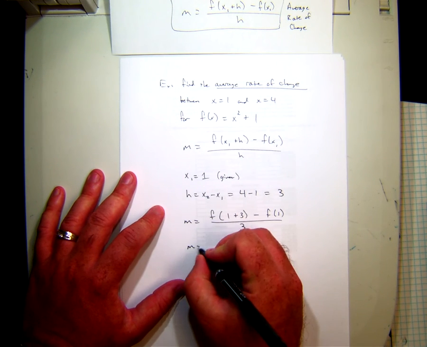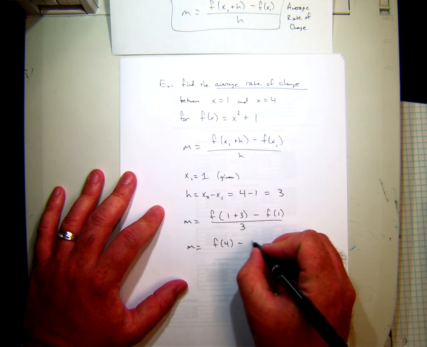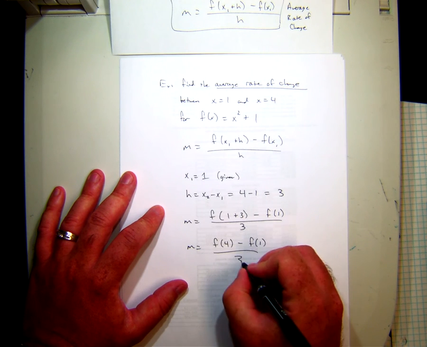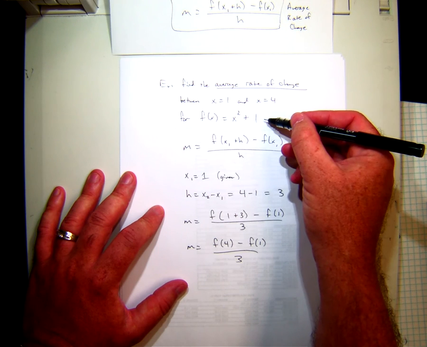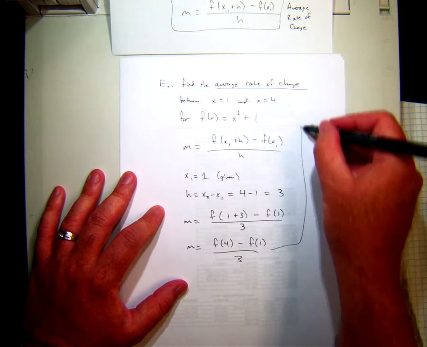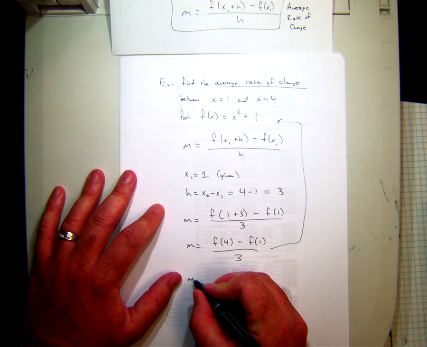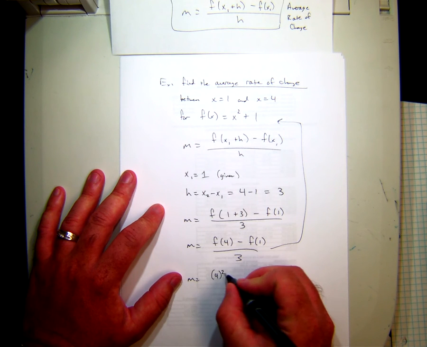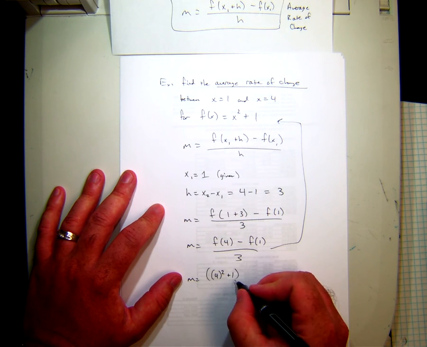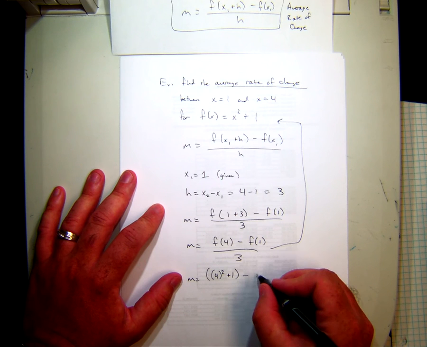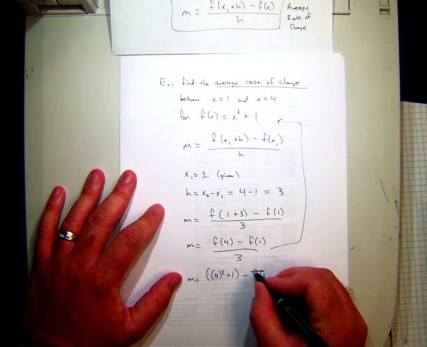So, simplify. And now plug into your function. Your function is x squared plus 1. So you need to plug these into this function. That's f of x1 plus h minus f of x1. Oops. Don't do that.